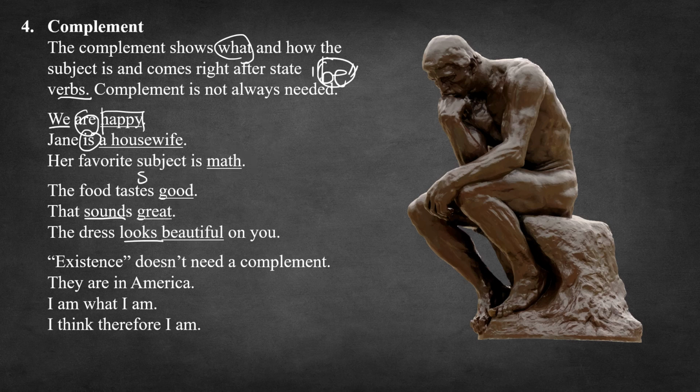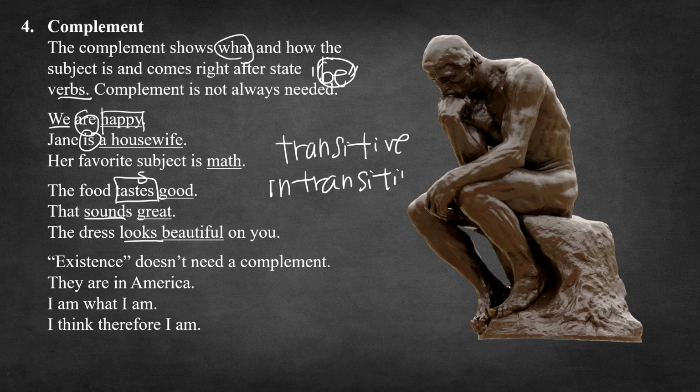But the thing is, a verb like taste has the function of a transitive verb and, at the same time, an intransitive verb. If a verb is transitive, you need an object. If the verb is intransitive, you don't need an object.